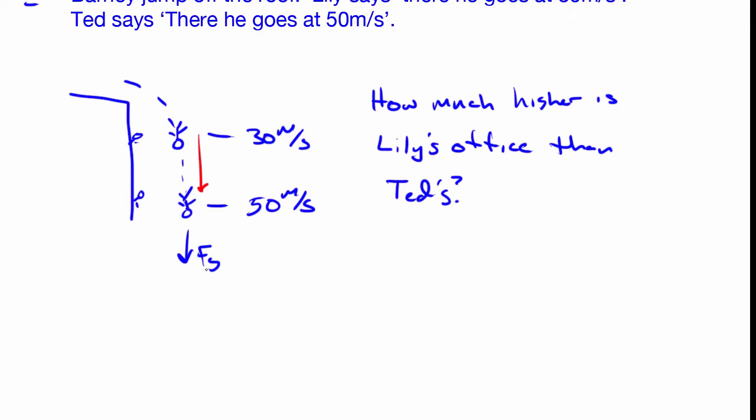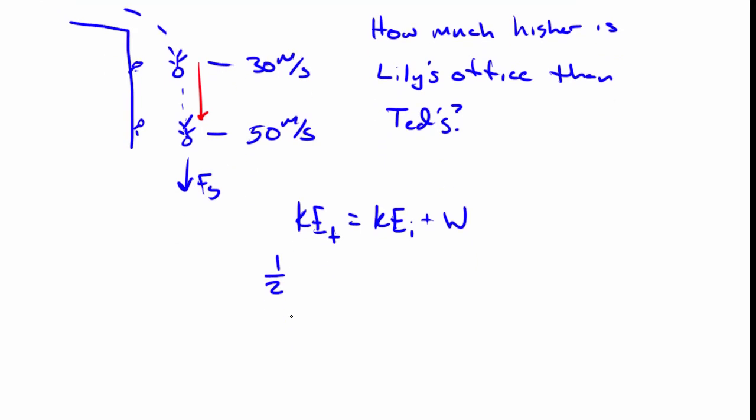All right, so we'll apply the work energy theorem, and we'll write it this way. Kinetic energy final is equal to kinetic energy initial plus work. Well, we just plug in our different quantities. The final kinetic energy is equal to 1/2 m v final squared. The initial energy is 1/2 m v initial squared.